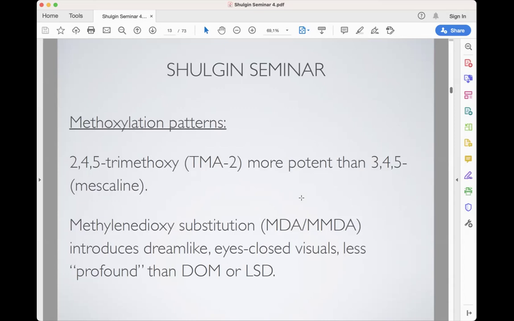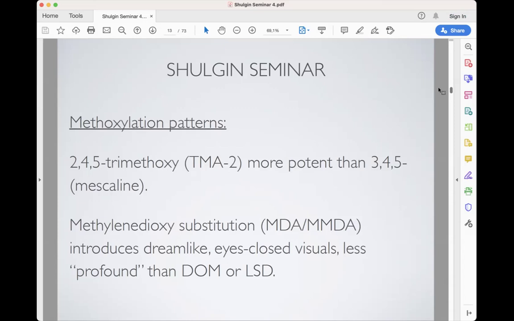Any comments on it? Yeah, I think to summarize, he's basically laying out the three generalized effects that you can get with the phenethylamine. You can get the psychedelic type effects, characterized by DOM stuff, 2Cs.